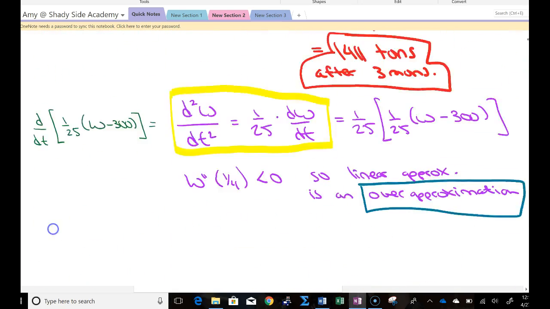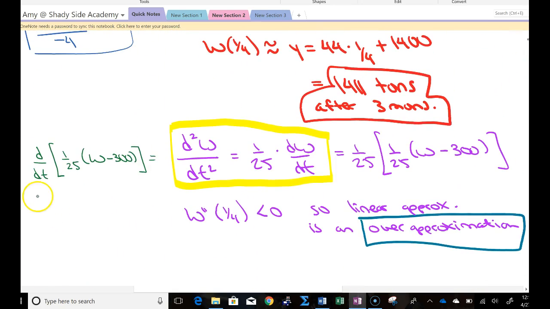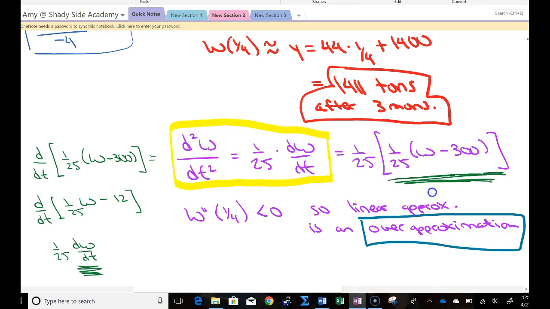Maybe you're someone who likes to see this written out. d by dt of 1/25th W minus 12. d by dt of 1/25th W becomes 1/25th dW by dt, chain rule. d by dt of negative 12 is a constant. So here it is 1/25th times dW by dt.